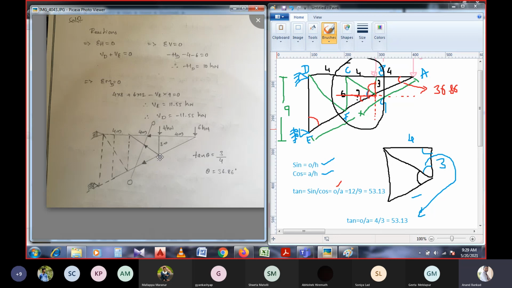These are the three members they have asked to calculate, and with reference to those forces, we have to take the section at this level. If you take the section at this level, the forces can be easily determined in the members through which the section passes, right?